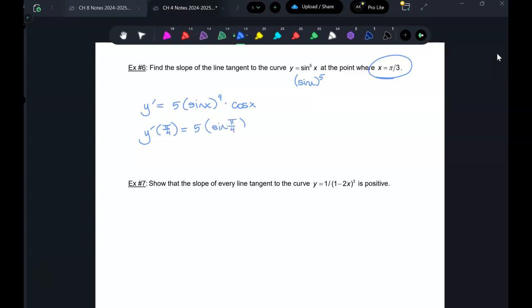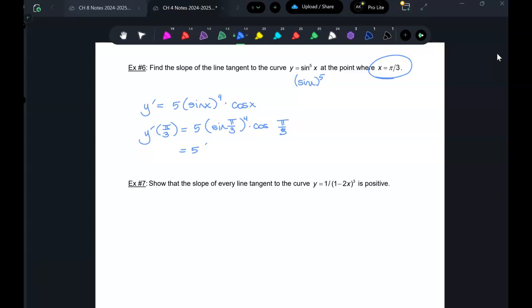And yes, I want you to do this without a calculator. Okay, so let's think. What's sine of pi over 3? Did I put the wrong thing? I'm so sorry. There we go. Root 3 over 2.